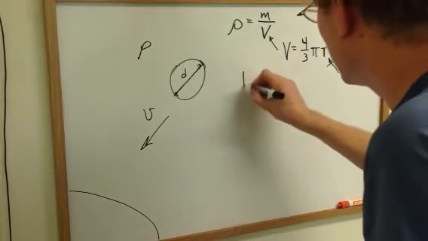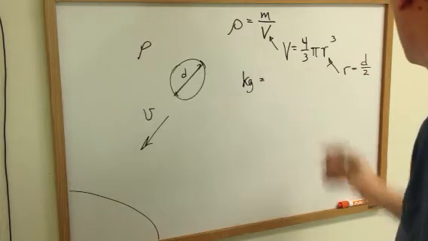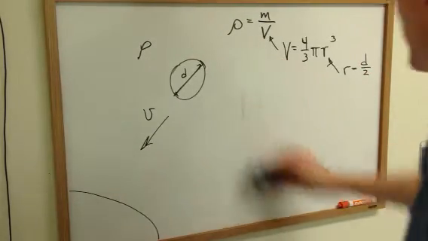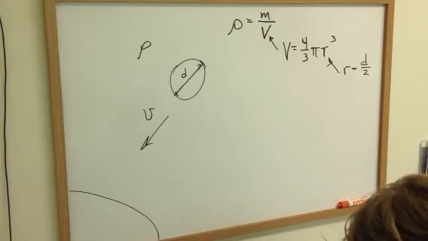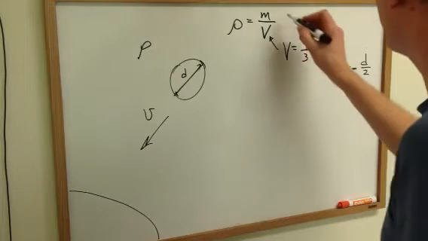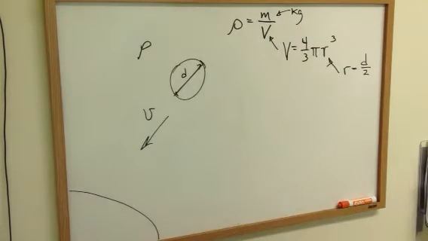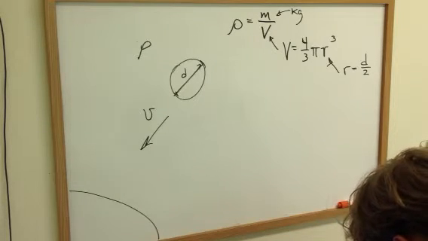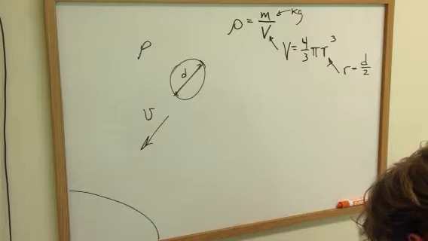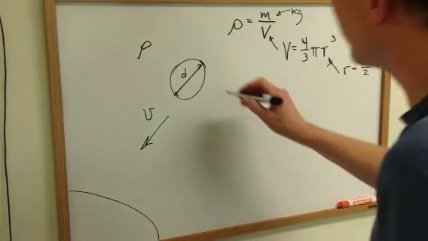Watch your units. Let's be careful of our units. We want mass in kilograms. The size of the diameter is in kilometers.